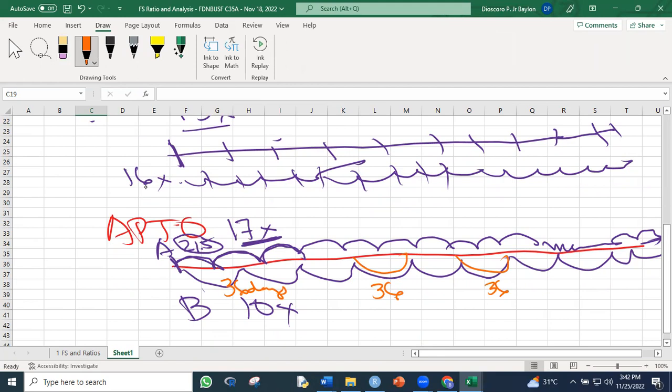Now, question. Which is the better performer? Technically you might think that it's A because it's able to pay faster than company B. But this is not what this ratio tells us. This ratio tells us that it takes company B 36 days to pay, which means most probably they have better terms.